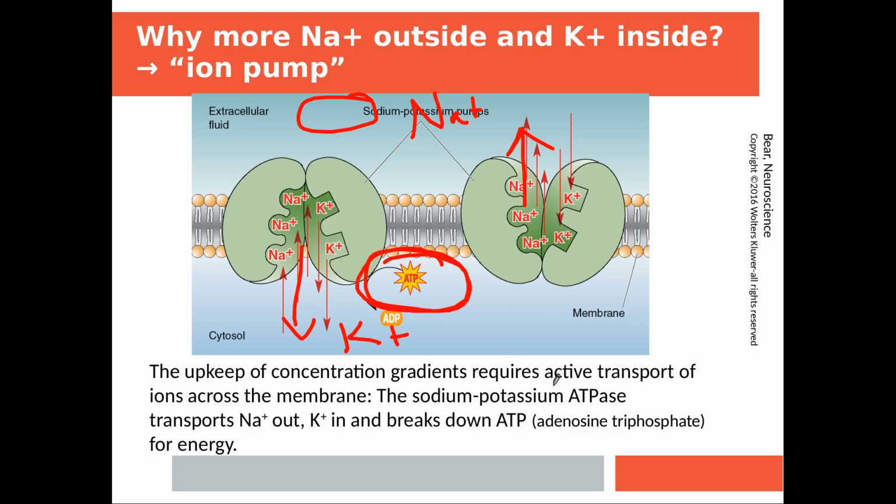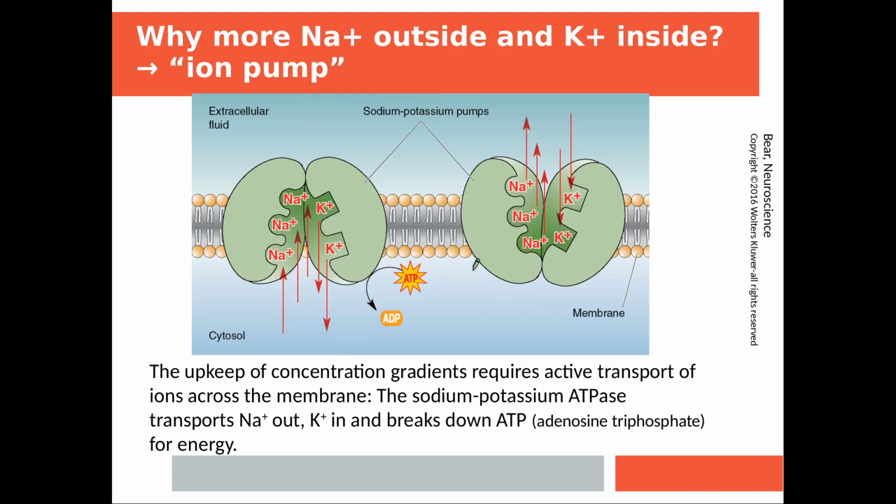Cellular respiration. They use energy via ATPase to move sodium ions outside and potassium inside. And basically this works by moving 3 sodiums outside for every 2 potassiums inside.